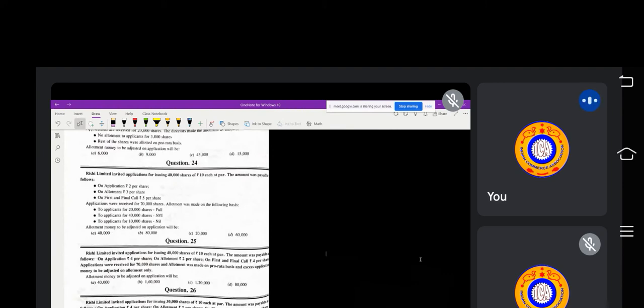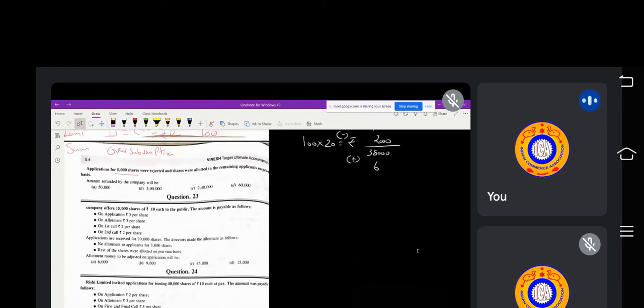Okay. So the question says that the company offers 15,000 shares of rupees 10 each to the public. The amount is payable as follows. So 15,000 shares at the rate of rupees 10 each, 15,000 into 10, that means 1,50,000 rupees is the share capital value.